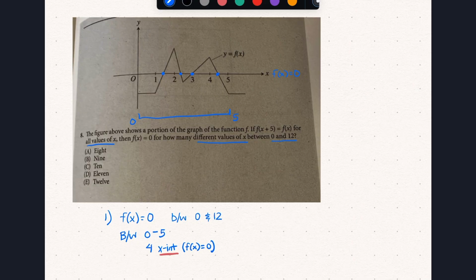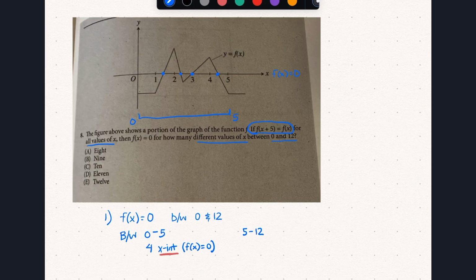And now the other part of the question is, well, how many of those exist between 5 and 12? Because we want all of the x-intercepts between 0 and 12. And that's when the first part of the question is really helpful and really necessary.